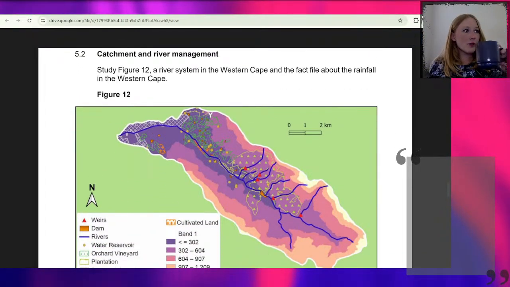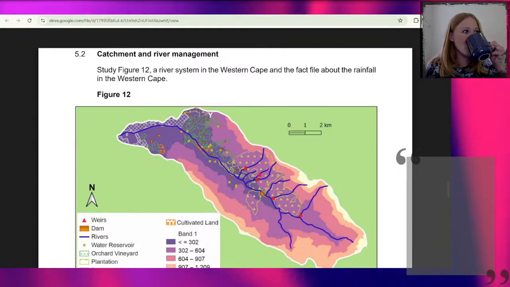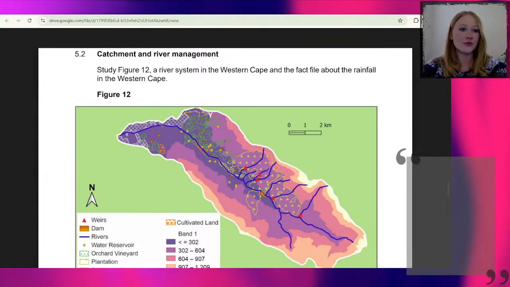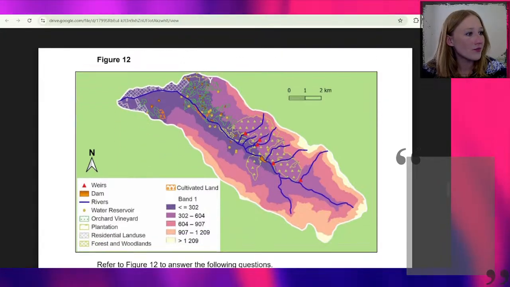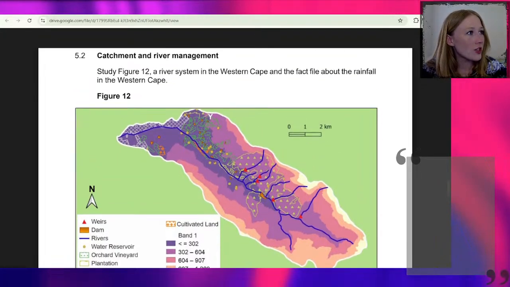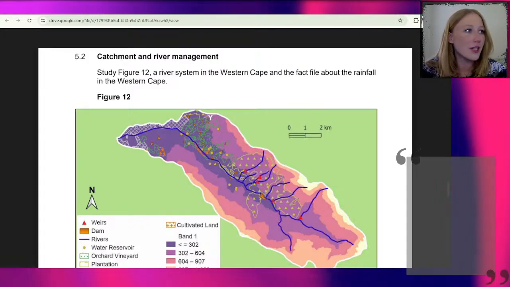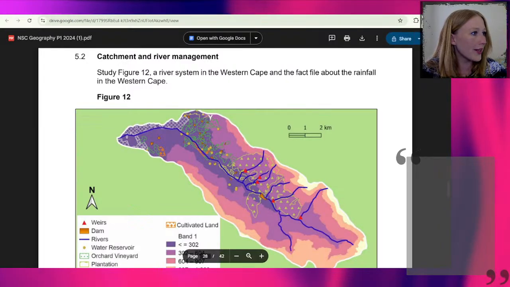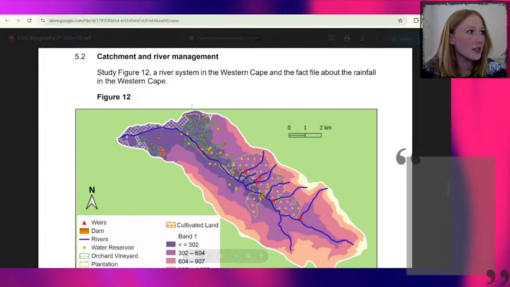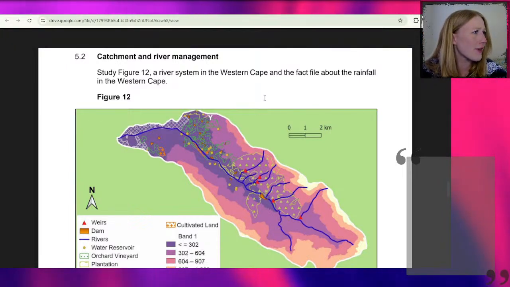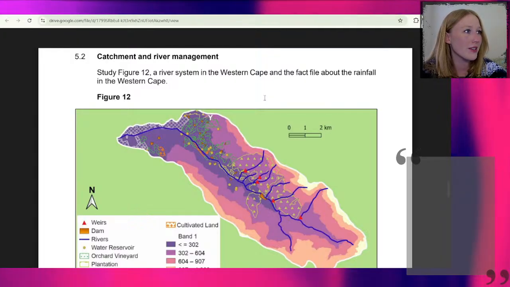Okay, catchment and river management. Let's start with what we know. What can we see from this figure? So we have a drainage basin, a river system in the Western Cape, and the fact file about the rainfall in the Western Cape.